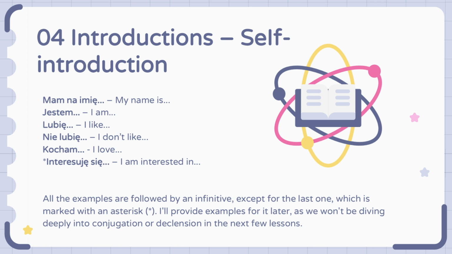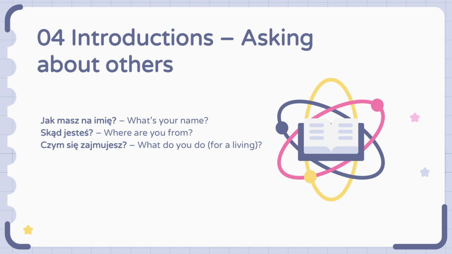I tried to make it as easy as possible for you guys to be able to say some basic stuff without having to conjugate everything. And then we have interesuję się, I am interested in. And all the examples are followed by an infinitive, except for the last one, which is marked with an asterisk. And I will provide examples for it later.